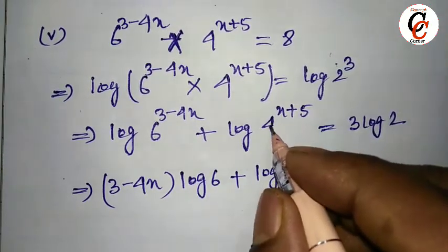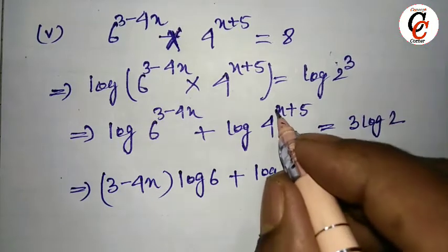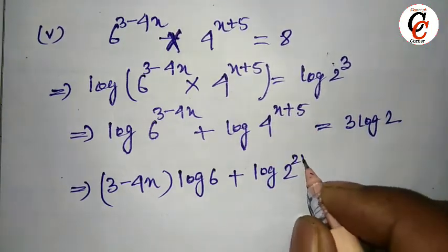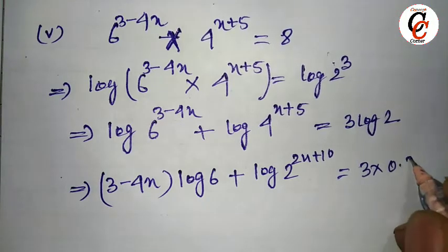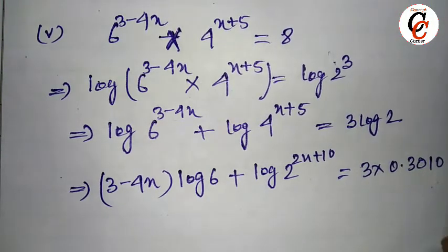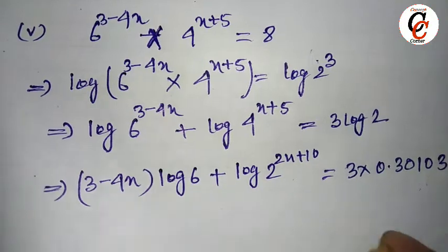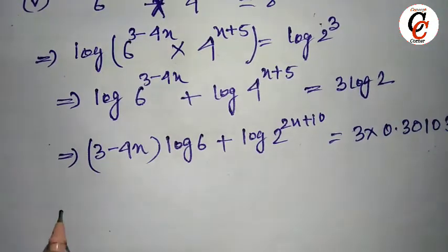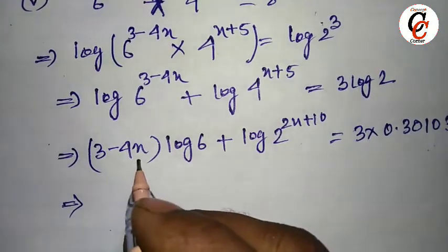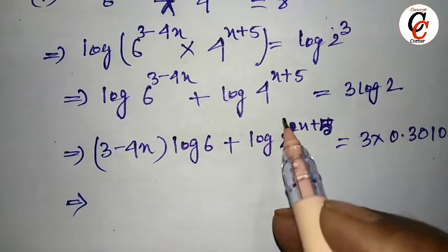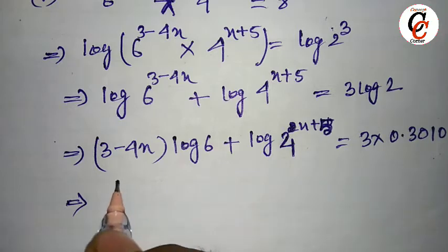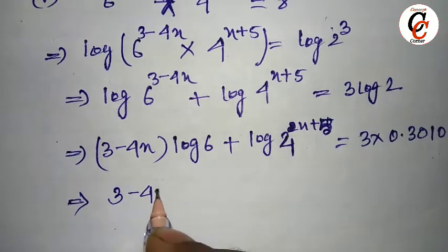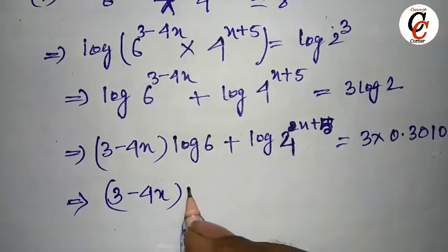So we can write 3 minus 4x into log of 6, plus, since 4 means 2 square, 2 into x plus 5, that means 2x plus 10, and 3 into log of 2 means 0.30103.